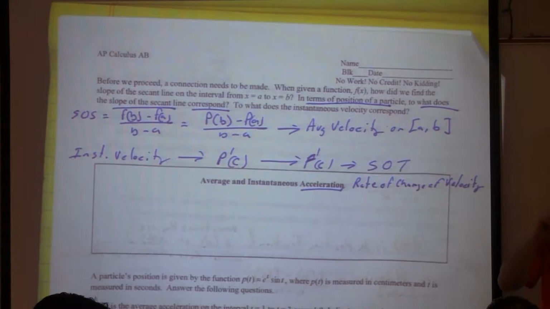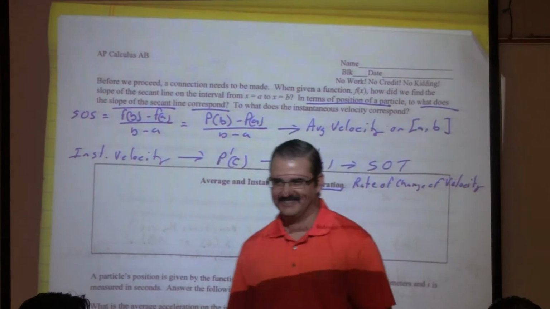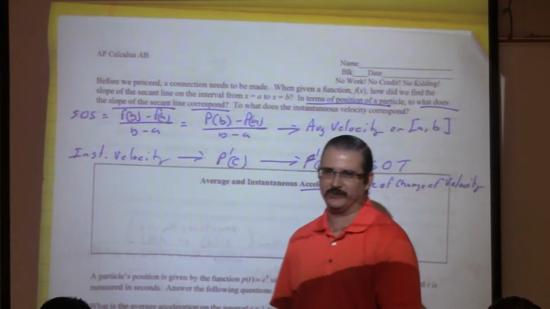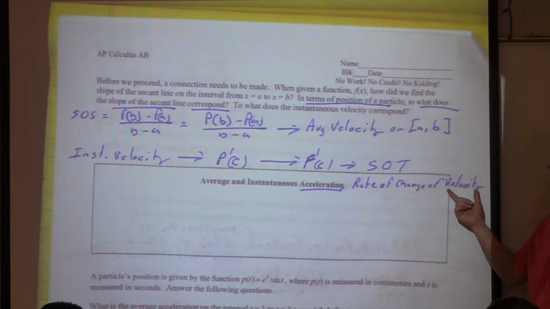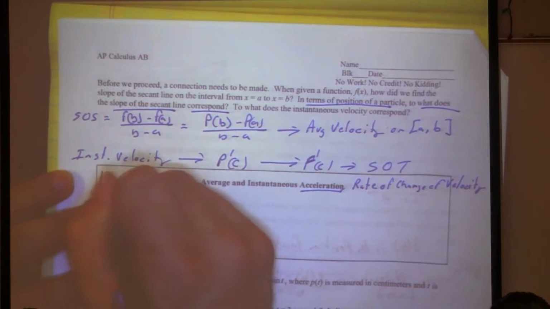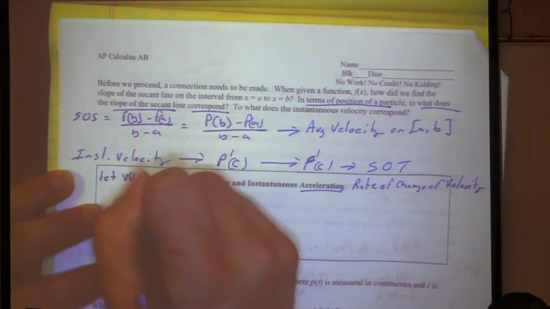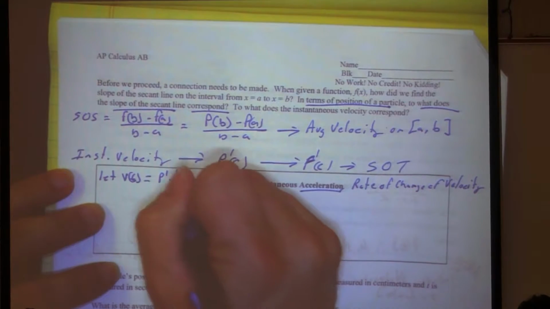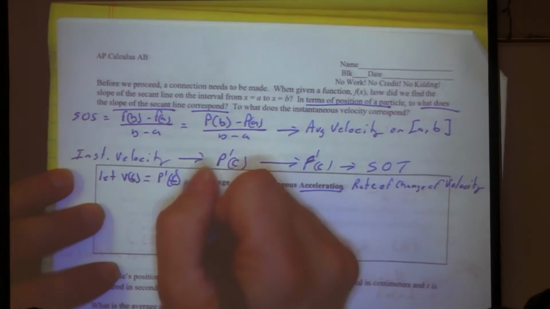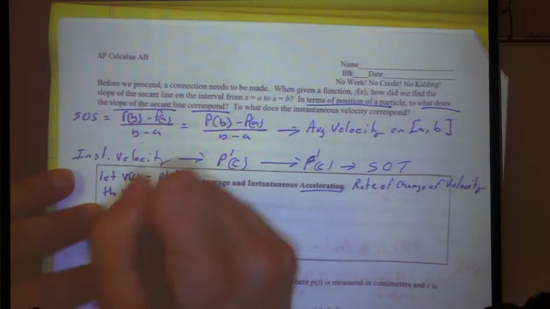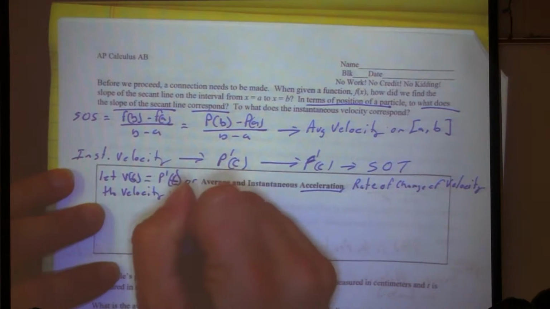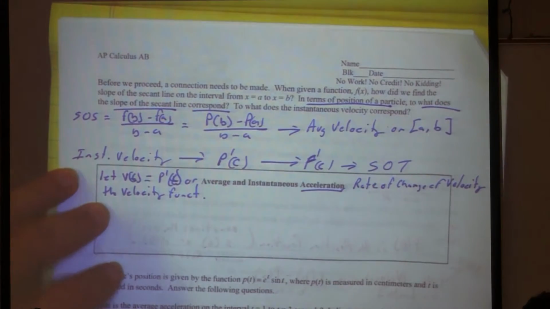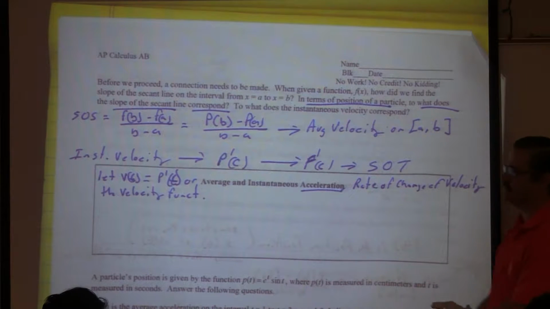Sounds weird, but it's right, because we said velocity was the rate of change of position, right? Alright, cool. So what we want to do here is let v of t be the same thing as p prime of t, the velocity function. So when I reference v of t, I'm talking about the velocity function, okay?